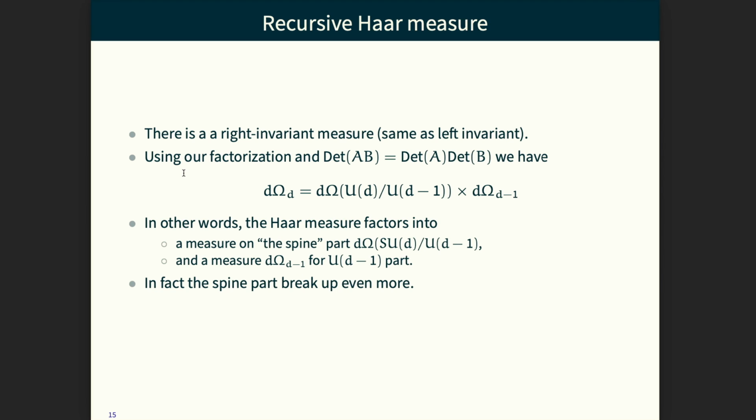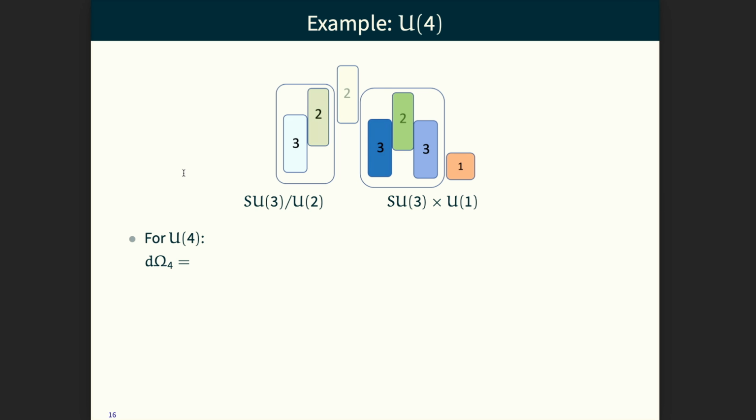Now, the spine breaks up more. And I gave you a hint as to why. This thing here is basically an SU3 transformation, except that I removed the box. I moved it towards the right. So the measure here is going to be an SU3 measure with some piece taken out. And that's the piece that corresponds to the block I removed.